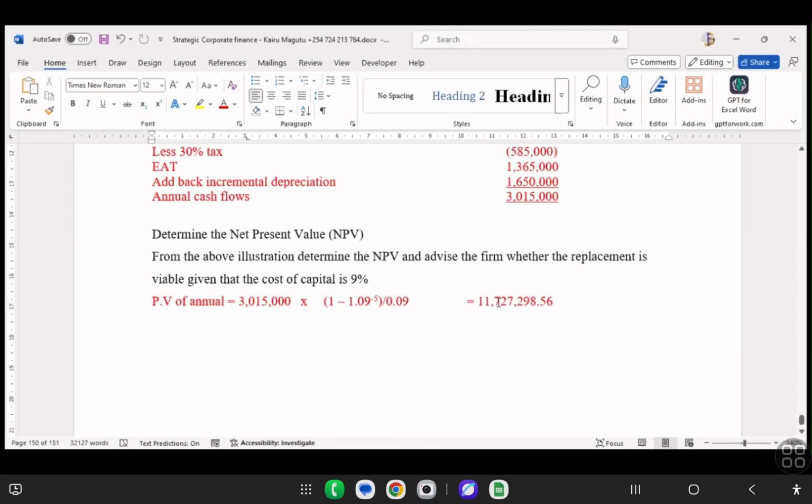I'll put it the way it is. Then to this one we add present value of salvage value, or the terminal, let me use the word terminal cash flow.